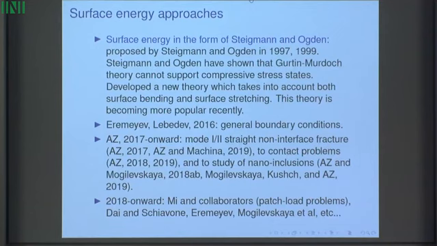What has been done so far is straight fracture, mode 1 and 2 plane fracture; solutions to plane contact problems, which I'm going to talk about today; study of nano-inclusions, a very practical problem, both circular and spherical nano-inclusions; and lately, works on axisymmetric patch load problems, which I also mention briefly.